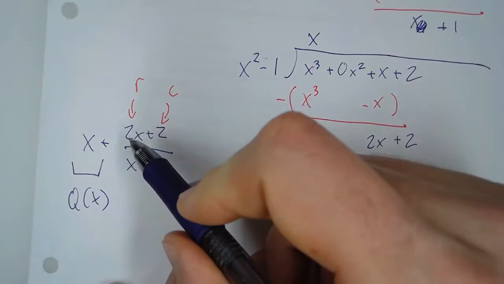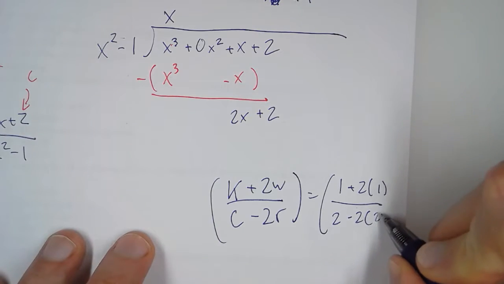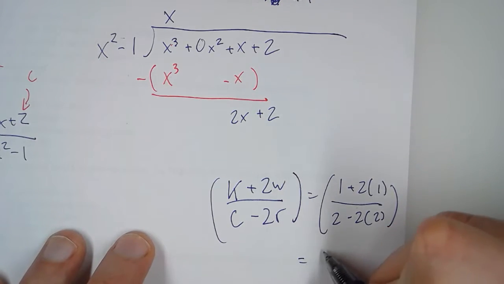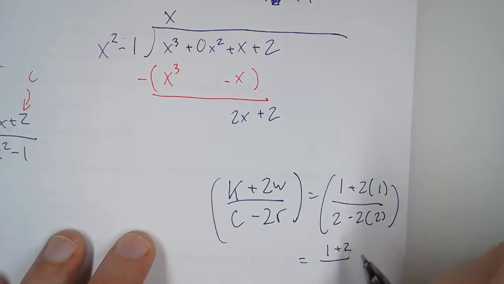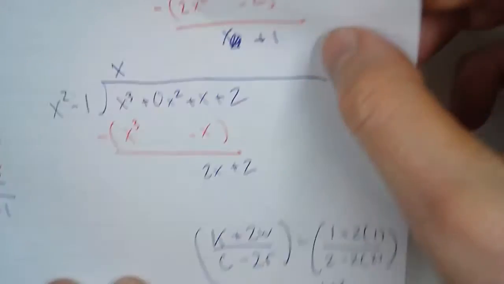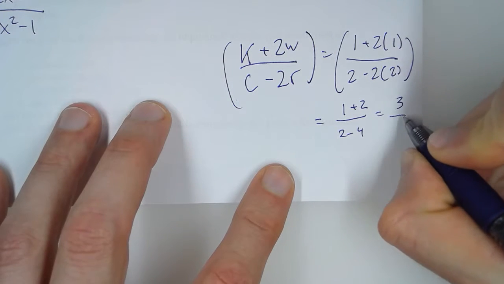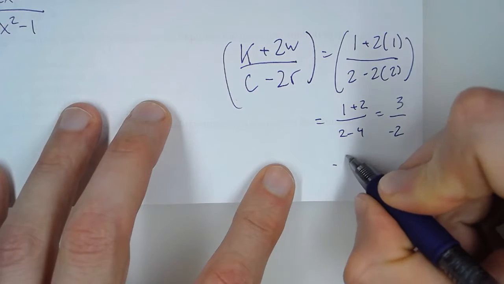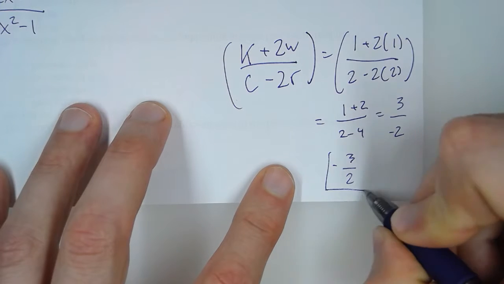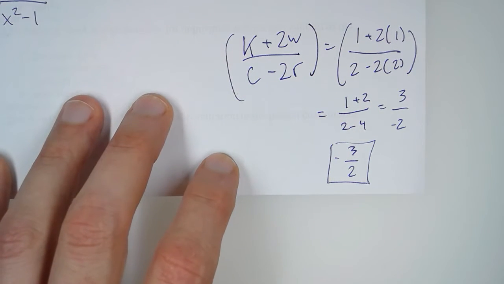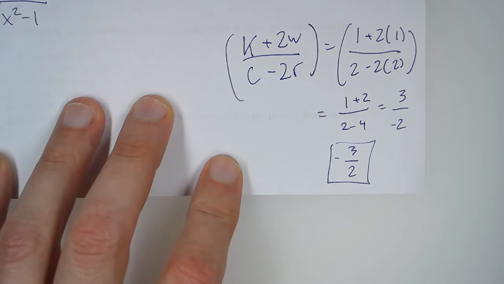What is r? This constant. All right, so we have 1 plus 2 all over 2 minus 4. So that's 3 over negative 2. So as an improper fraction, we get an answer of negative 3/2. There's our answer, and we're done.